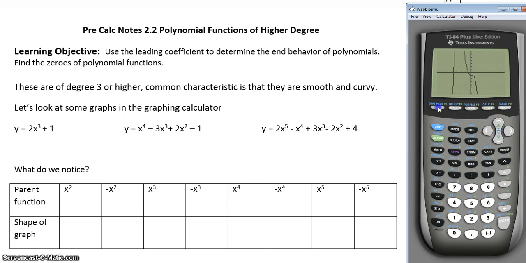Let's change now to degree 5. If we look at the graph of a degree 5 polynomial, this also is going to have an S-like shaped graph. You'll notice here's my S-like shaped graph with the right side rising, left side falling. So degree 3 and degree 5 look very similar.